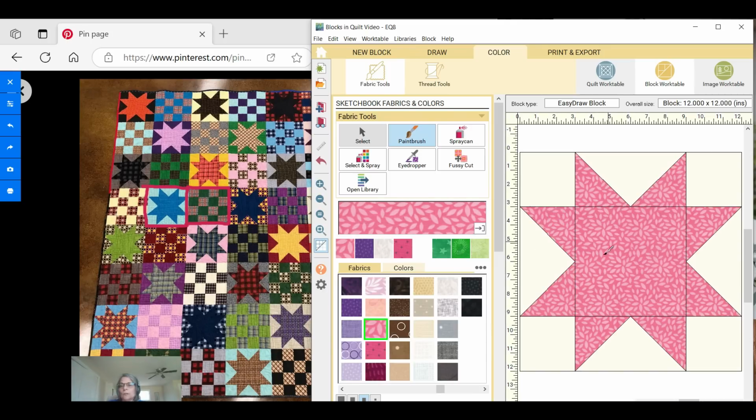And we have the accent fabric is the star points and the large square, and the background fabric are the small squares and the background of the flying geese unit. In this case, it'd be the geese portion of the flying geese unit. All right, so let's save this and let's go on to the next one.